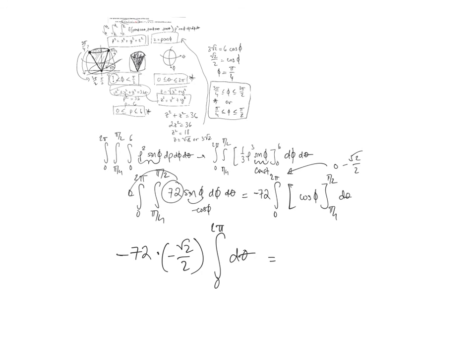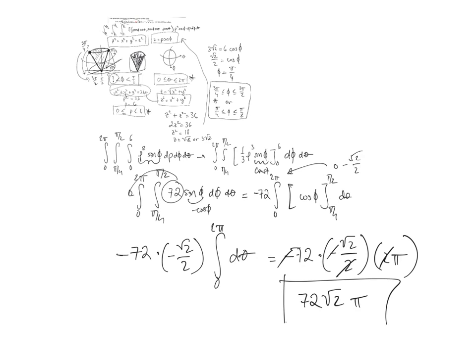If you plug in 0 for theta, you get 0, and then 2 pi for theta, you get 2 pi. So 72 multiplied by root 2 over 2 multiplied by 2 pi. The 2 and the 2 cancel. So you get 72 root 2 pi. That's your final answer.